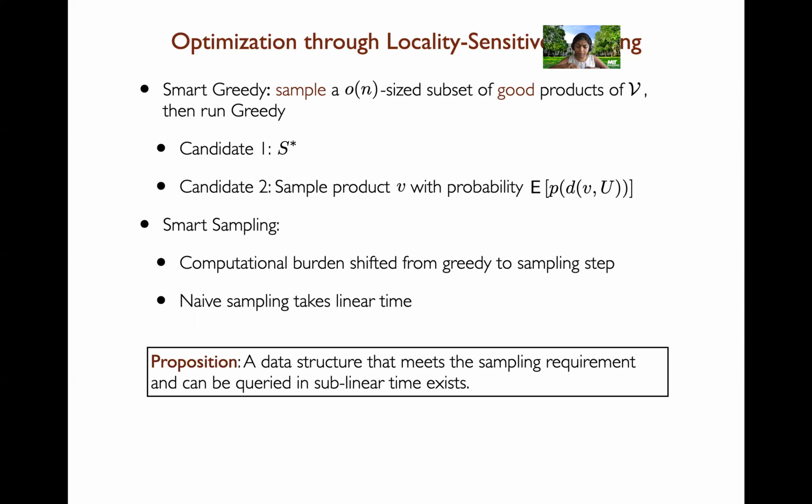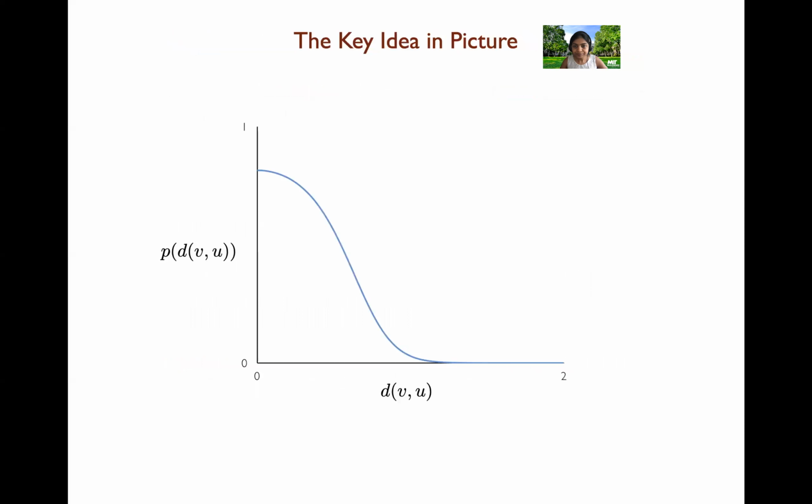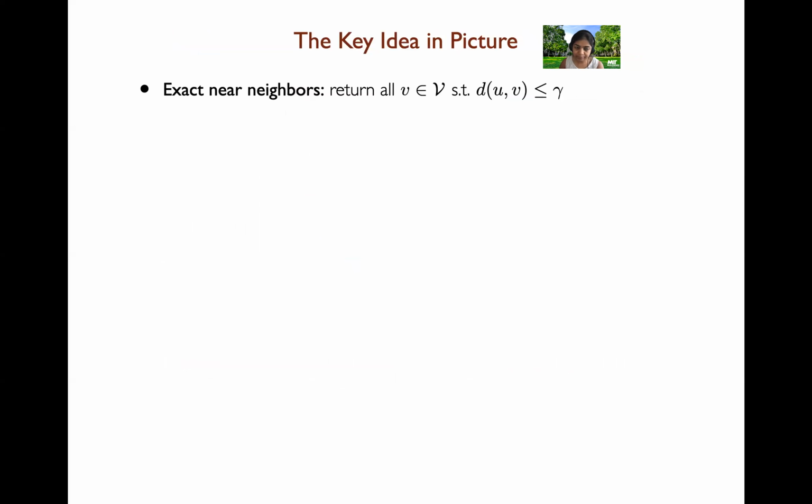The key part of this data structure is actually using approximate near neighbor queries, which we know can be done in sublinear time. So we want to sample from this distribution, and we said we can sample approximately from it. Now, what are exact near neighbors?